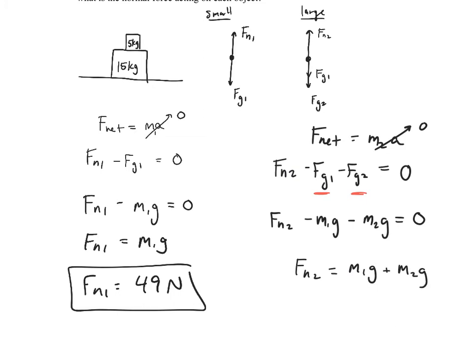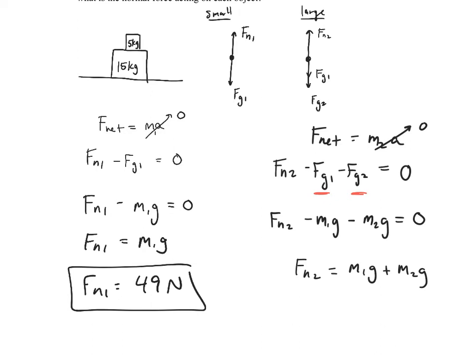Can somebody make a statement in their own words that illustrates this last line of the equation? What could that statement be, Christina? The normal force on the other object is equal to or balanced with the weight of gravity pushing down the object. Good.